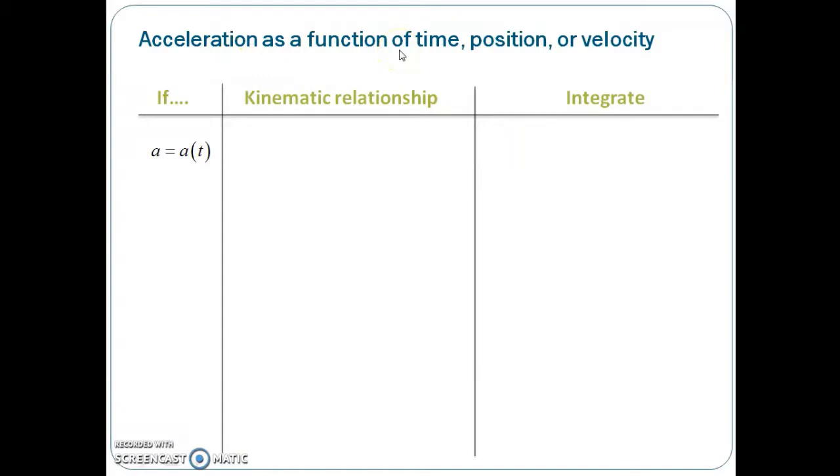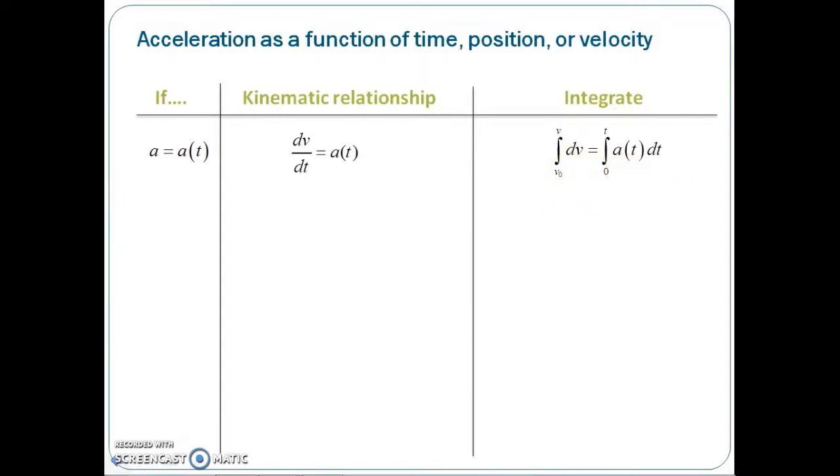If your acceleration is given as a function of time, then the kinematic relationship that we have learned just now is a equals dv/dt. Integrate it, you have the velocity from the acceleration function.